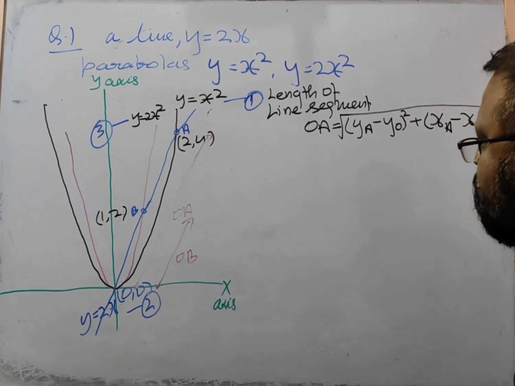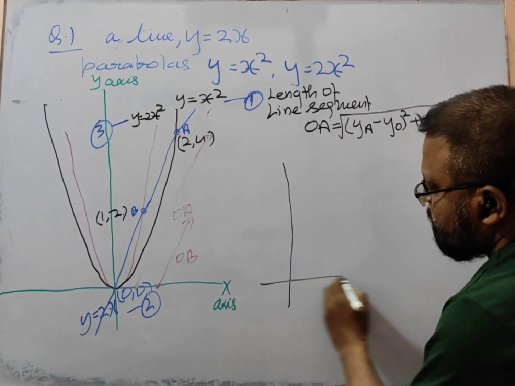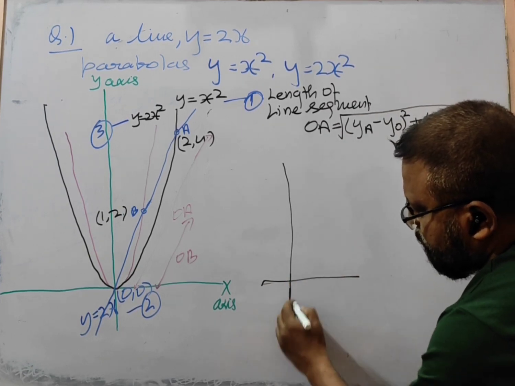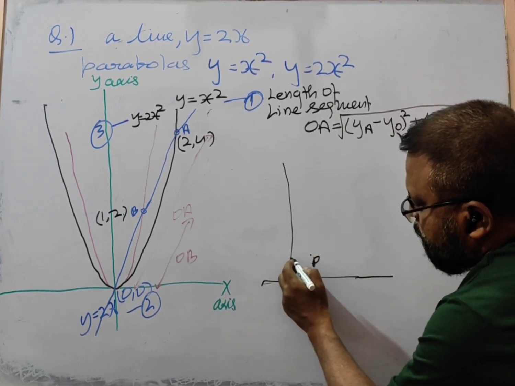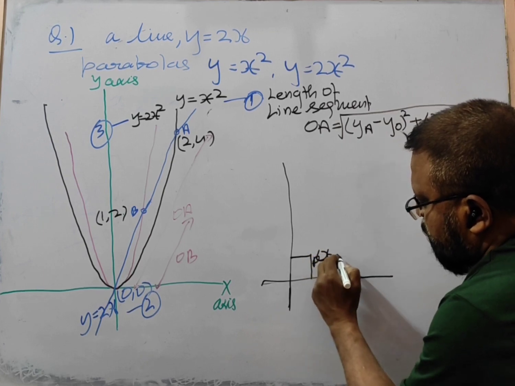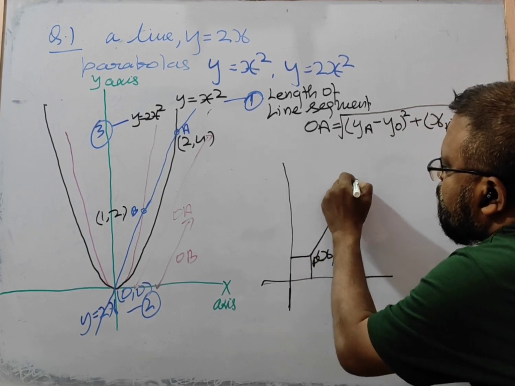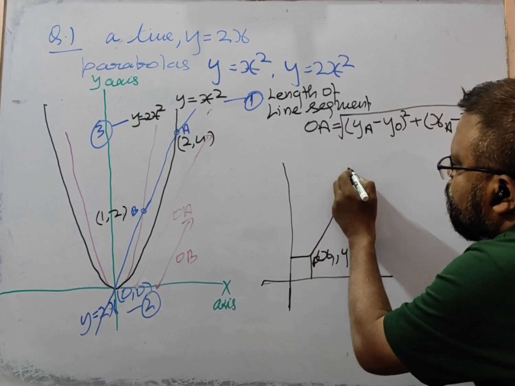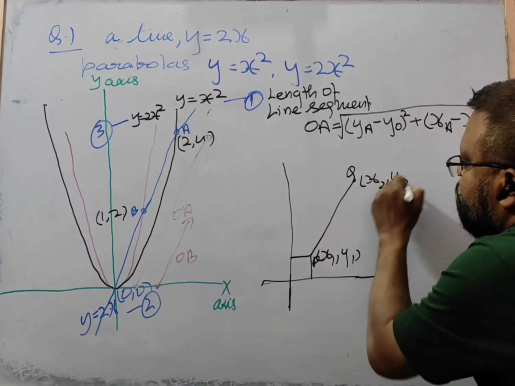Should I explain to you for a while? For a while, you just listen to me. This is the coordinate axis, right? This is a Cartesian plane, and there is a point P which has coordinates x1 comma y1, and there is another point Q which has coordinates x2 y2, right?